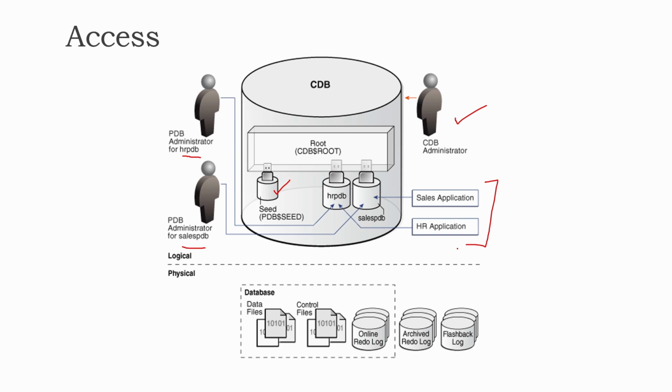You have installed 19c software, that's it. But the databases are separate, and they even have separate data files. You will keep them in separate paths. You can keep them on a separate drive as well on the same machine. Certain things they share, but that is not a problem at all because that is at the CDB level.